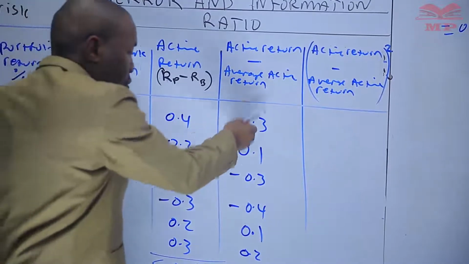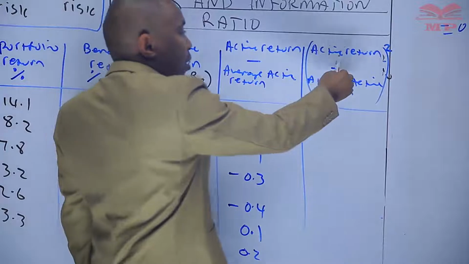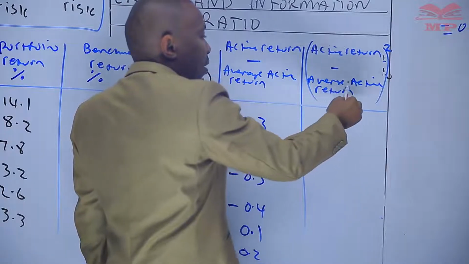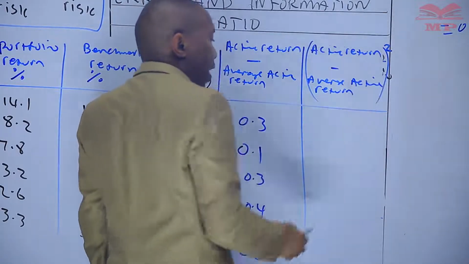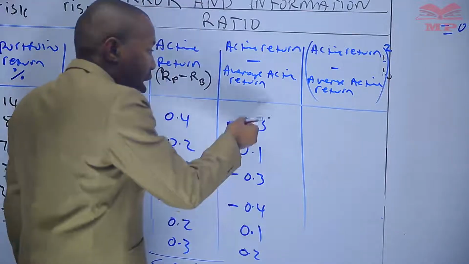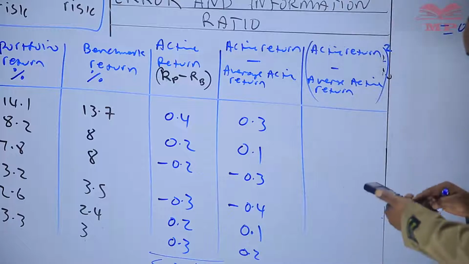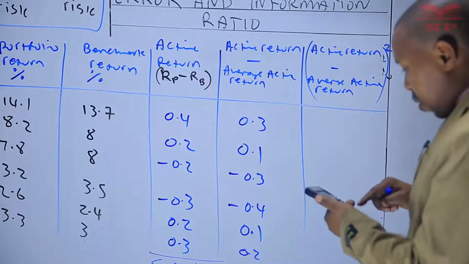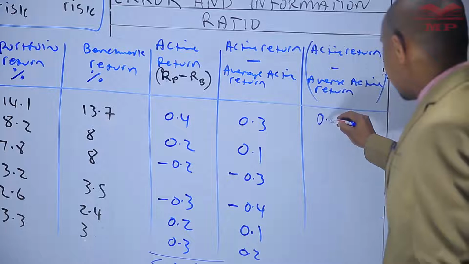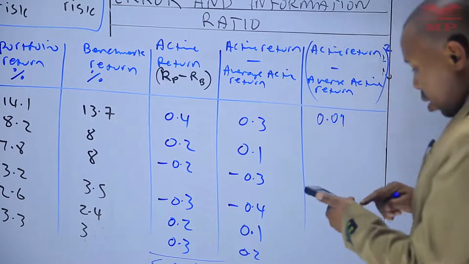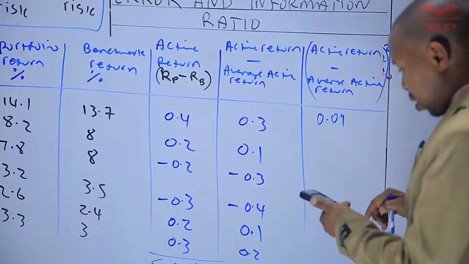Once we've generated this column, you can see here active return minus average active return squared. So we just square what we have over here to get absolute values. So it's going to be 0.3 squared, we just get 0.09. Then 0.1 squared will just be 0.01.